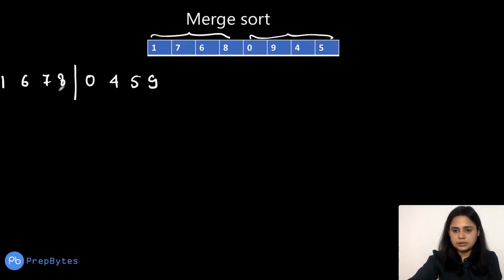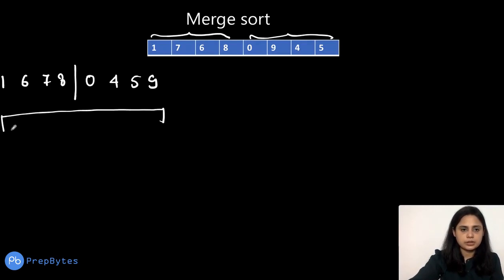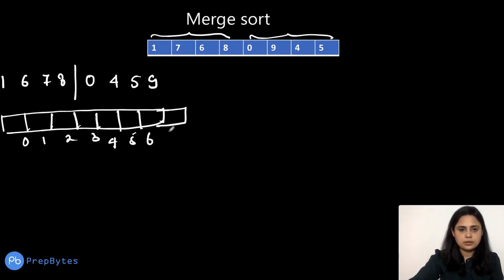Now these are the two sorted arrays that I have. What I have to do is combine them to make one sorted array. So let's say I have to place 8 elements: 0, 1, 2, 3, 4, 5, 6, 7.